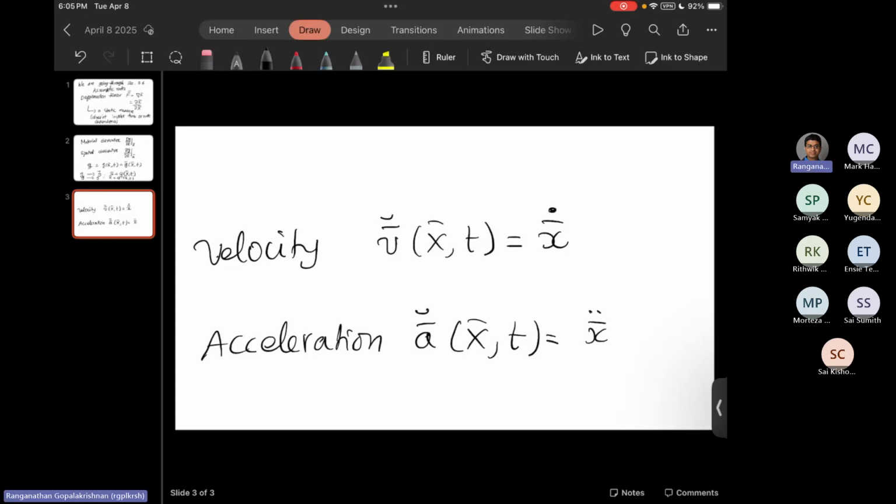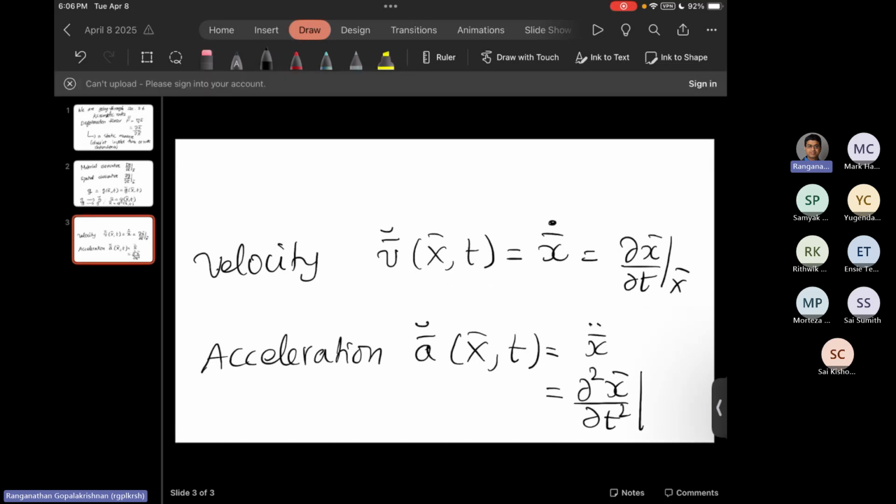So this is basically partial x over partial t at a given X, and this is the second derivative of x with respect to time for the same X or particle. If you are thinking about what fixed X or fixed particle means, it represents all the positions occupied by the atoms which we designate as a particle.